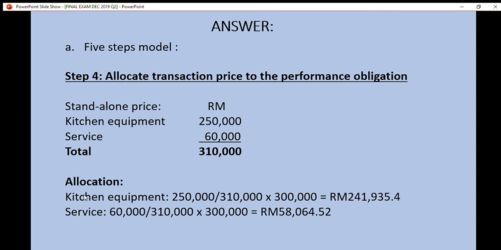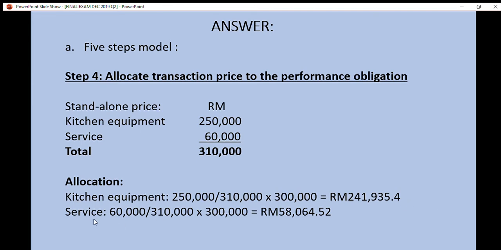Now we need to allocate the transaction price of 300,000 to each performance obligation. For the kitchen equipment, we take the standalone price of 250,000 divided by the total standalone price, times the transaction price. So we get this amount, which is the transaction price or revenue allocated to the kitchen equipment.